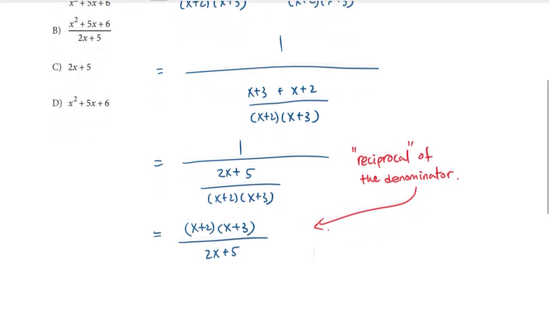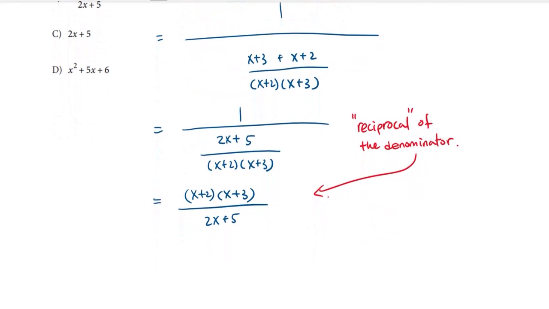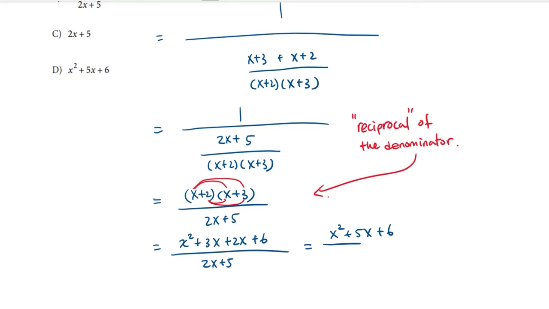So we're going to expand the product of these two expressions in the numerator. (x + 2)(x + 3), using FOIL, we have x squared plus 3x plus 2x plus 6 over 2x plus 5. Combine the like terms: x squared plus 5x plus 6 over 2x plus 5.